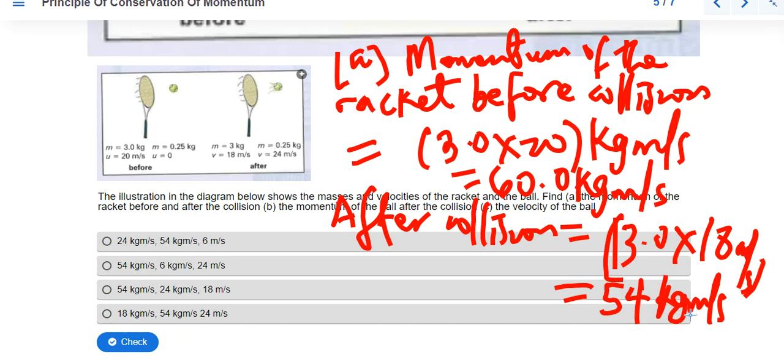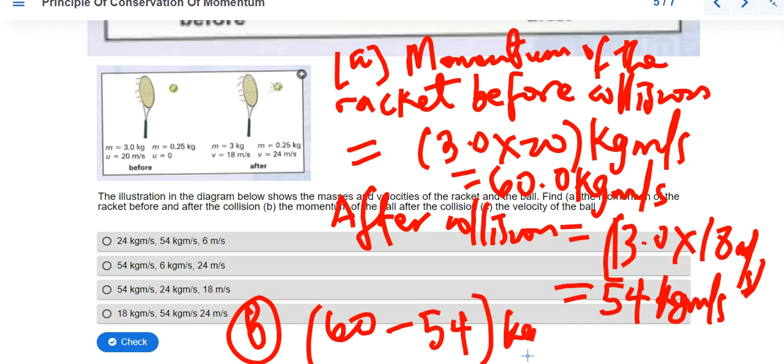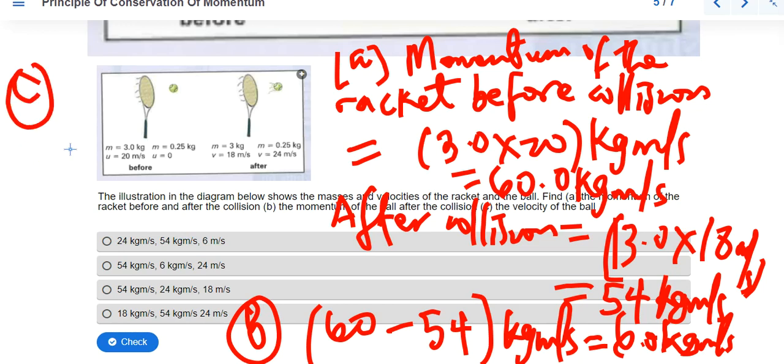So for B part, which is the momentum of the ball after collision, that will now be 60 that we have before minus 54 after, kilogram meter per second, and that gives 6.0 kilogram meter per second. For the C part, we have momentum is equal to mass times velocity.